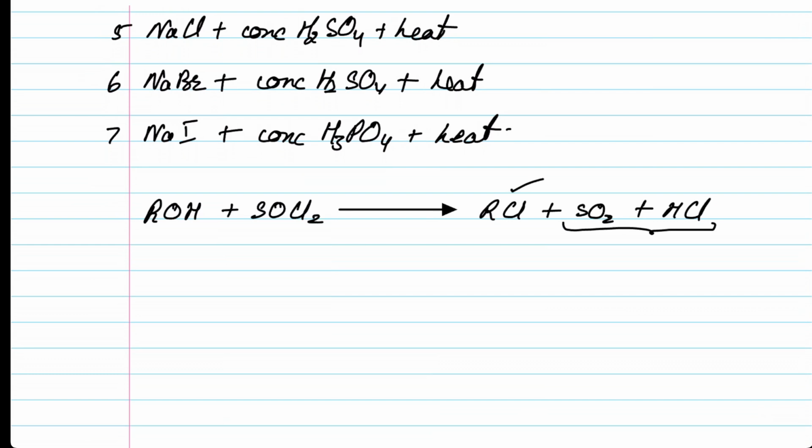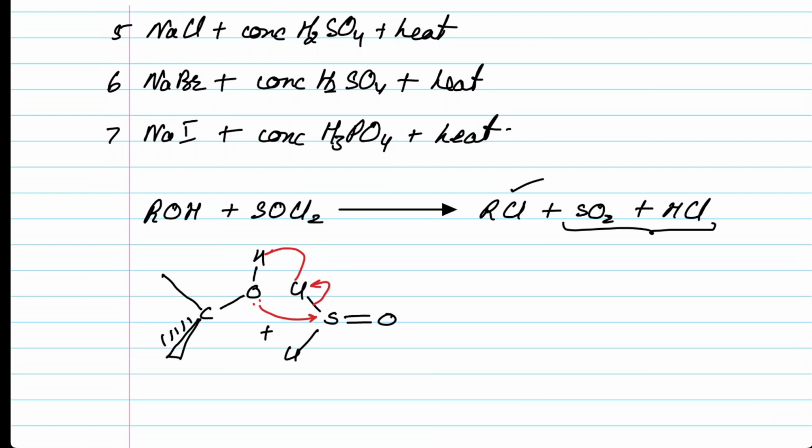The mechanism of this reaction is a little different. Here we have the carbon, we have O, H, which reacts with SO, Cl, Cl. Now, here what happens is this oxygen shifts the electron cloud to sulfur. The sulfur chlorine bond cleaves.